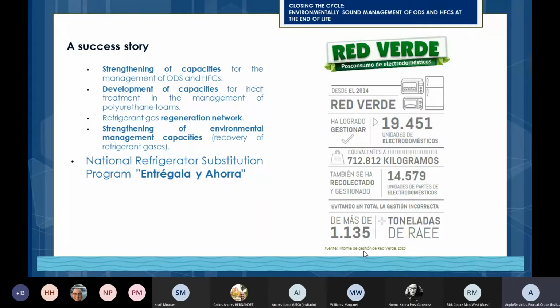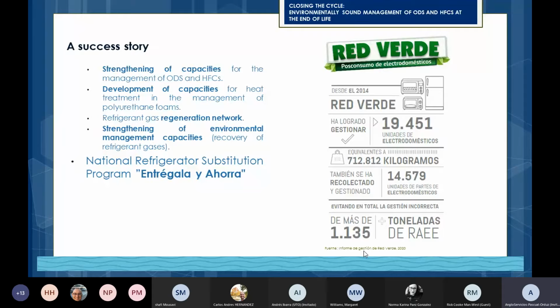We have also worked on strengthening capacities with environmental managers so that we can ensure the recovery of refrigerant gases and the right management of the devices.